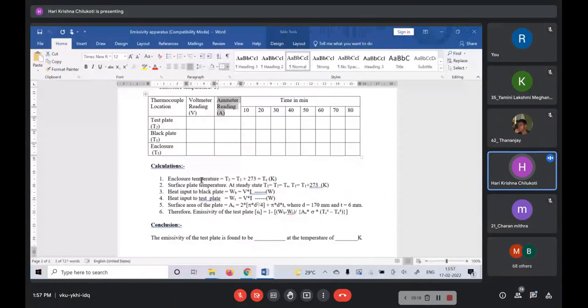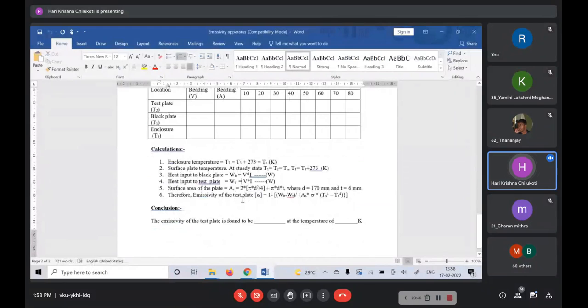If we perform the experiment until the end of the steady state, T2 is equal to T1 is equal to Ts, and again we have some temperature value from the temperature indicator, which is again in degrees Celsius. We'll convert it into kelvins. We know the heat input to the black plate as well as the heat input to the test plate. That is simply obtained by multiplying the voltage with the current.